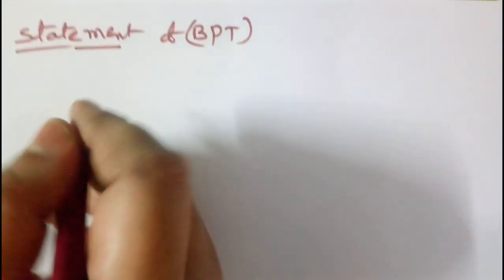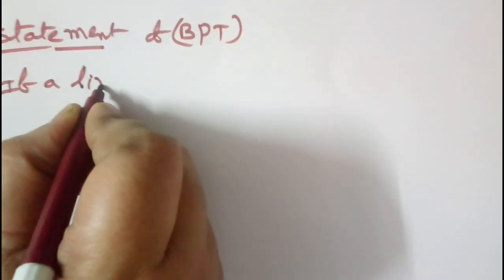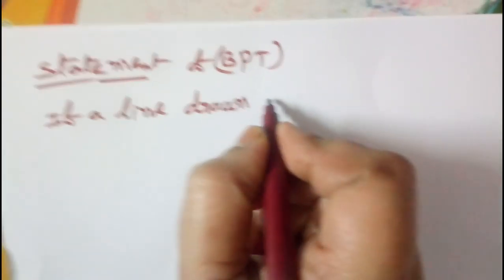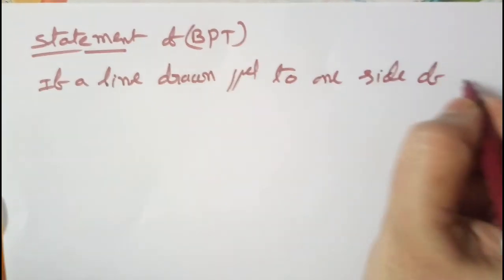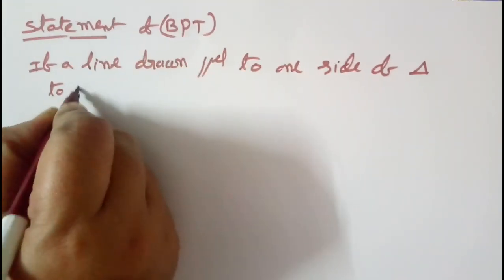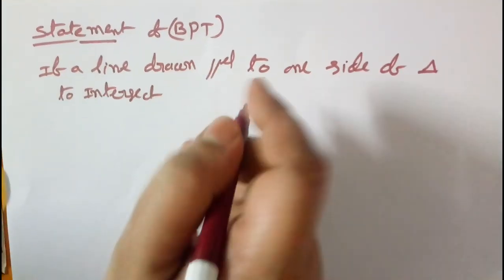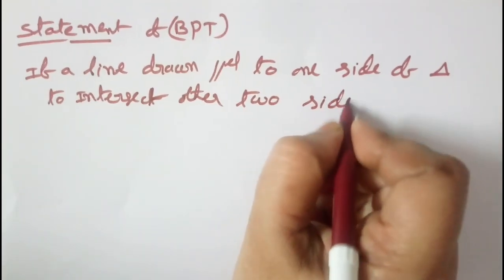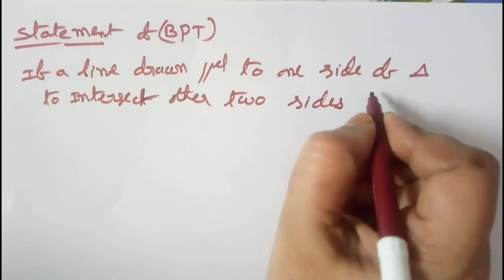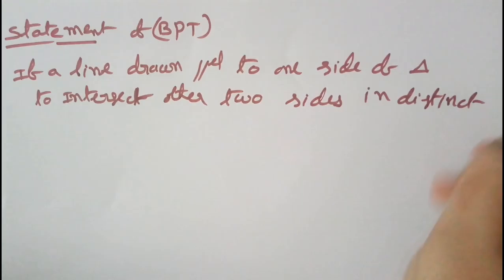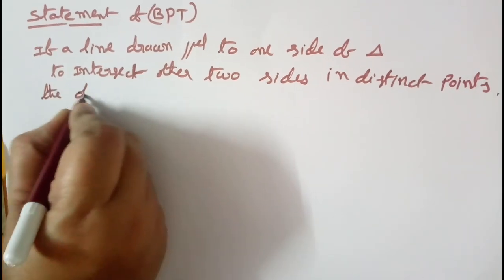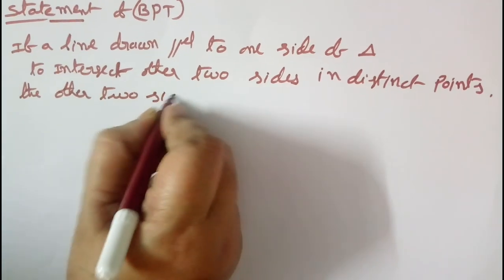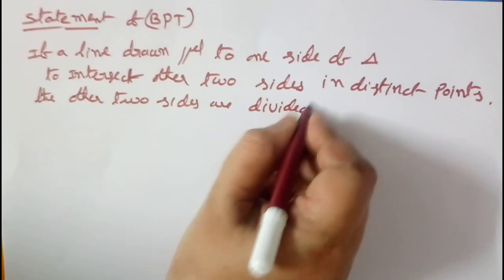Basic proportionality theorem: if a line is drawn parallel to one side of a triangle to intersect the other two sides in distinct points, the other two sides are divided in the same ratio.